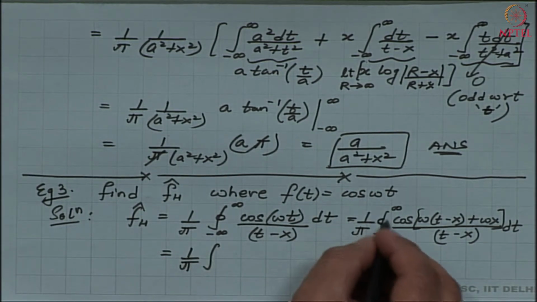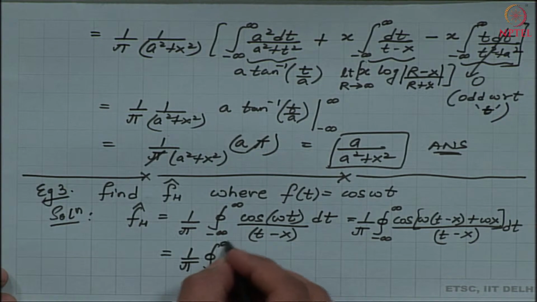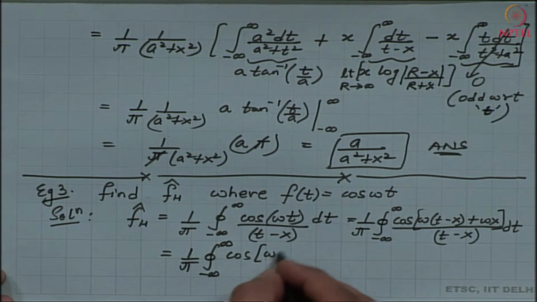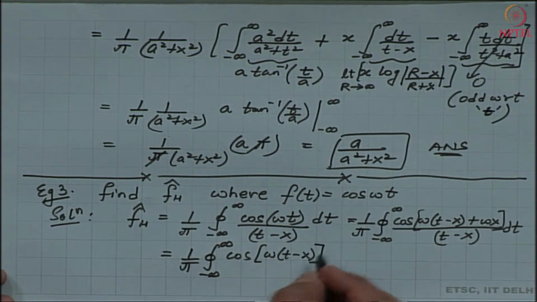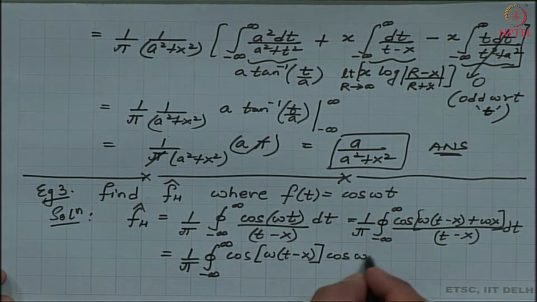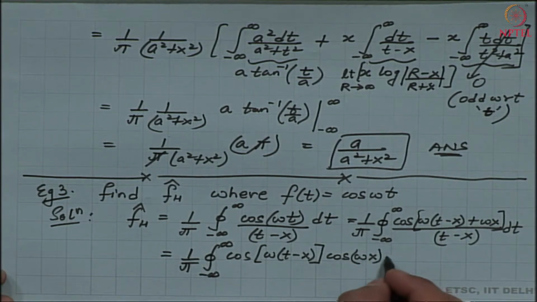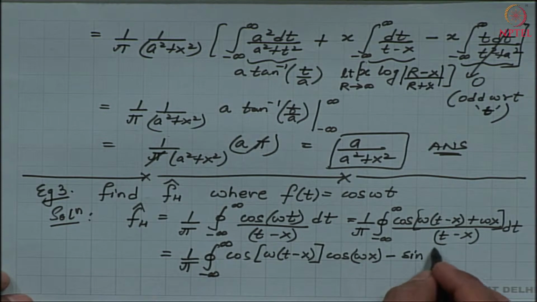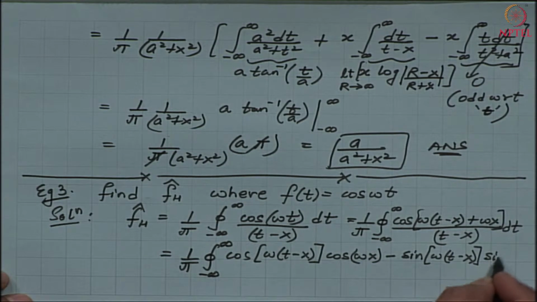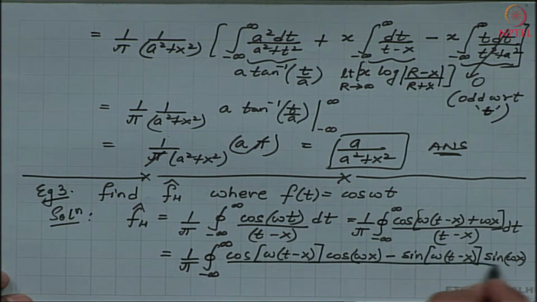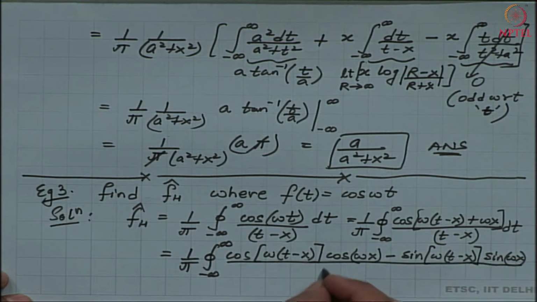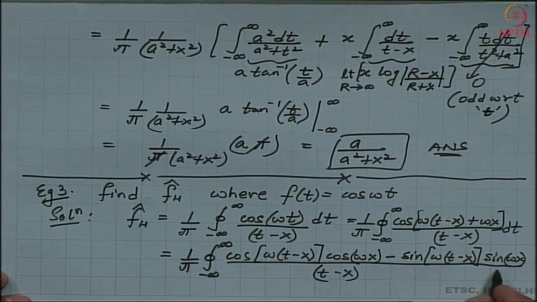So, these are all Cauchy principal value integrals from negative infinity to infinity cos omega t minus x cos omega x minus sin omega t minus x sin omega x divided by t minus x times integral dt.